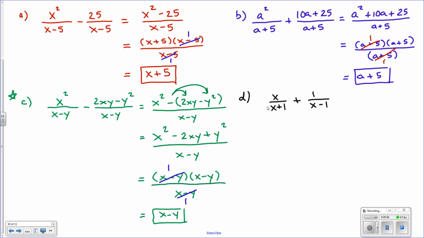So in order for us to have a common denominator, we're going to multiply by x minus 1 over x minus 1 on this side, which has a value of 1. And on the other side, we're going to multiply it by the missing factor that it has. So that would be an x plus 1 over an x plus 1.